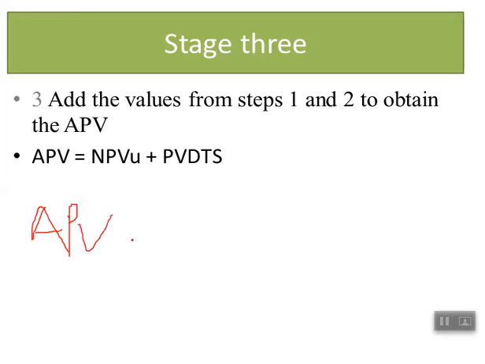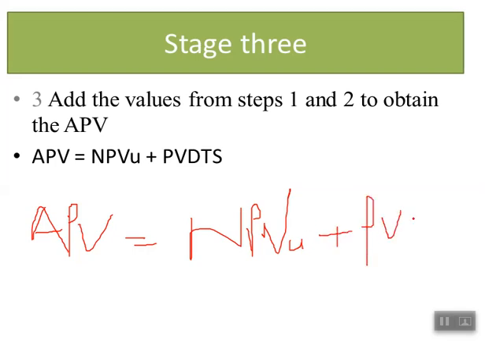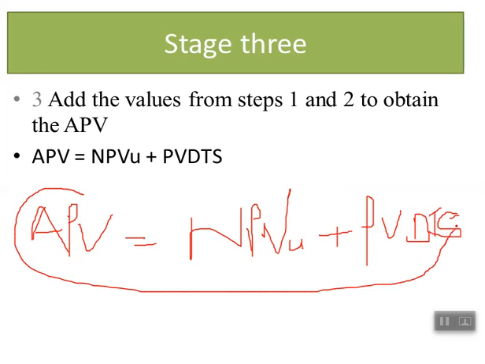The adjusted present value will be the net present value of a business which is not geared, meaning the one you got in step 1 where you discounted using the cost of an ungeared business, plus the present value of the debt tax shield that you got in step 2. Then you are able to get your adjusted present value.